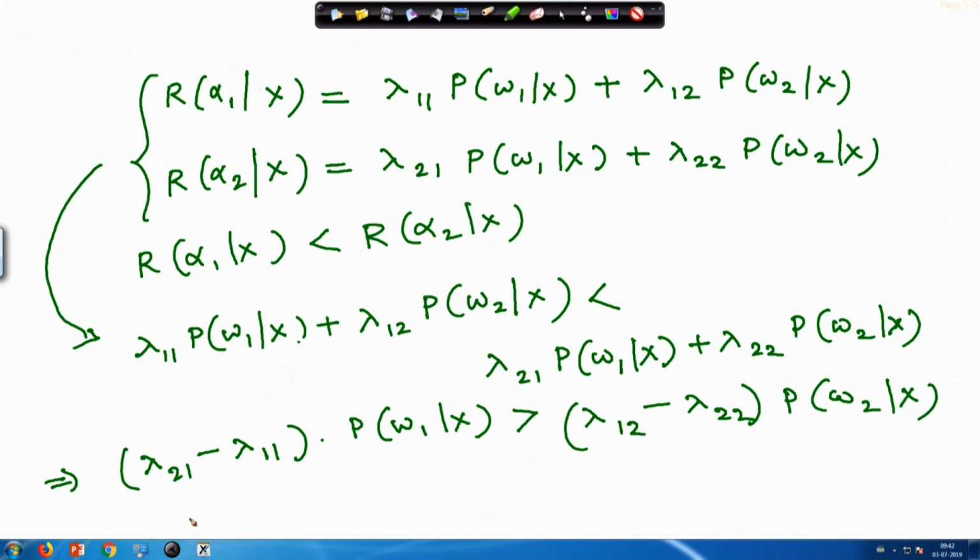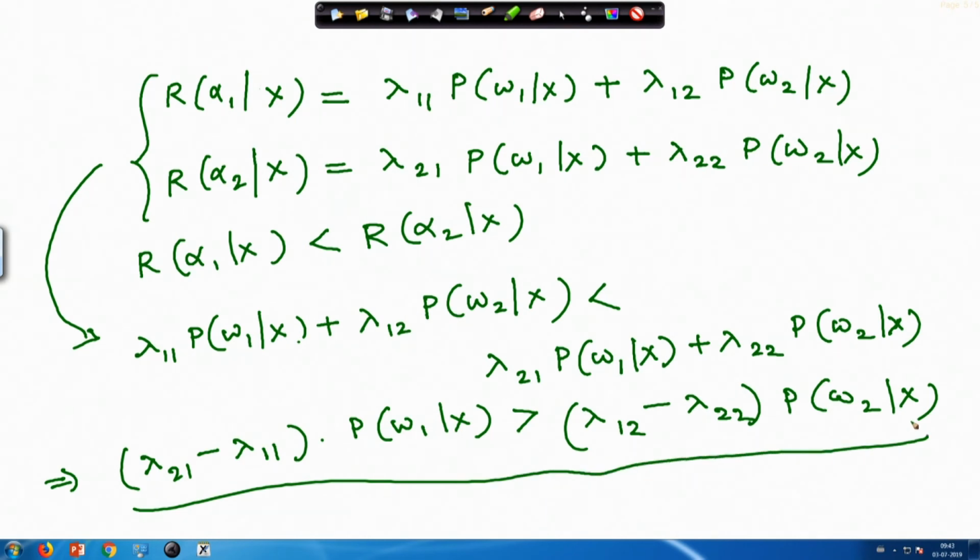Right. So, this is the condition that has to be satisfied, that is (lambda 2 1 minus lambda 1 1) into p of omega 1 given x has to be greater than (lambda 1 2 minus lambda 2 2) p of omega 2 given x.